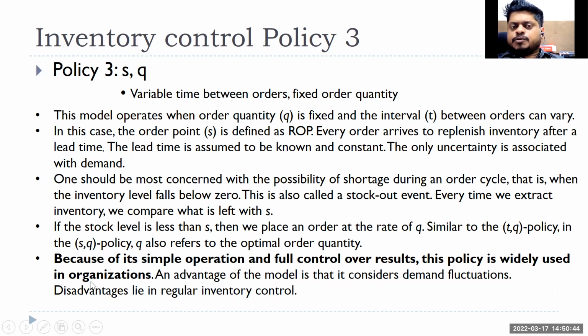This is mostly used because the fluctuation in time will happen when you are ordering. The quantity you are ordering, you will keep fixed, because you have to also think about the wholesaler or distributor, right? They will not send you material unless there is a fixed order. There is a minimum order from your side, or they might charge you extra.